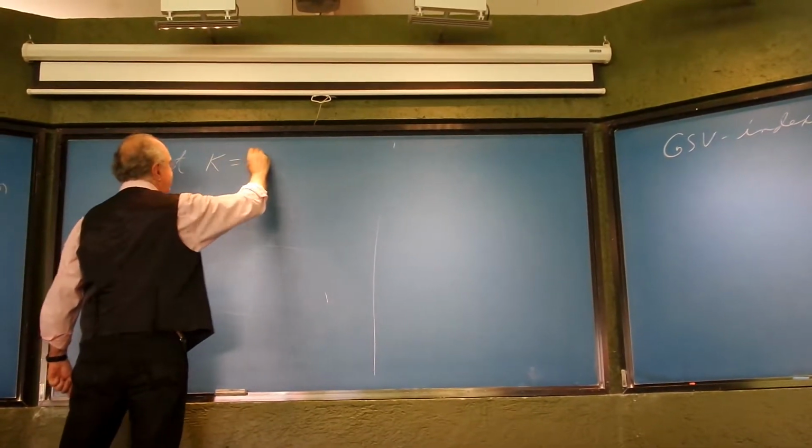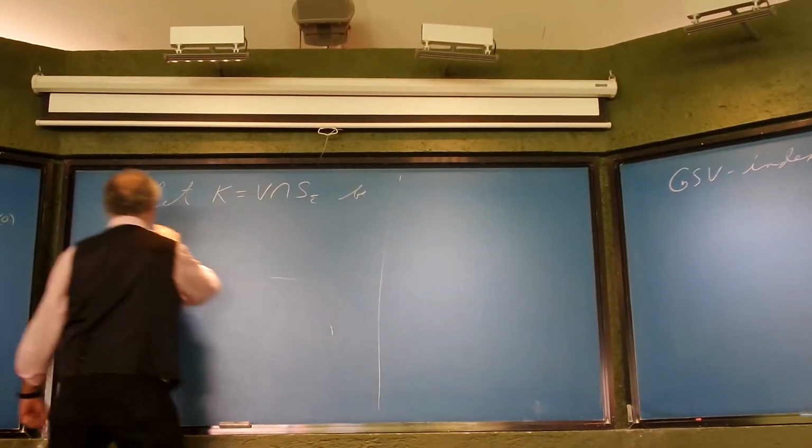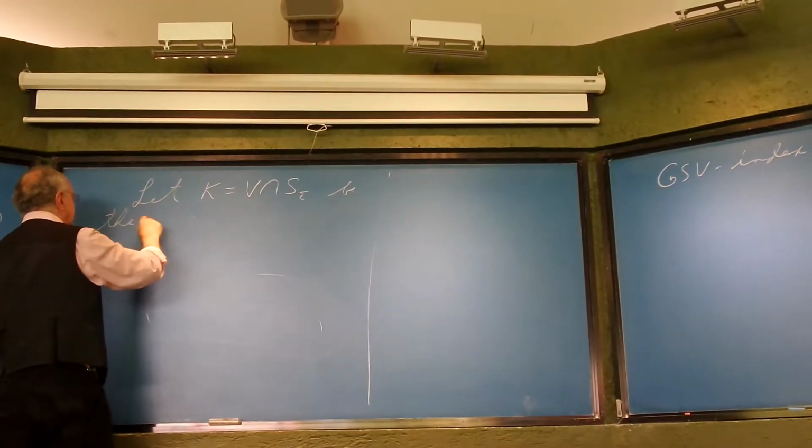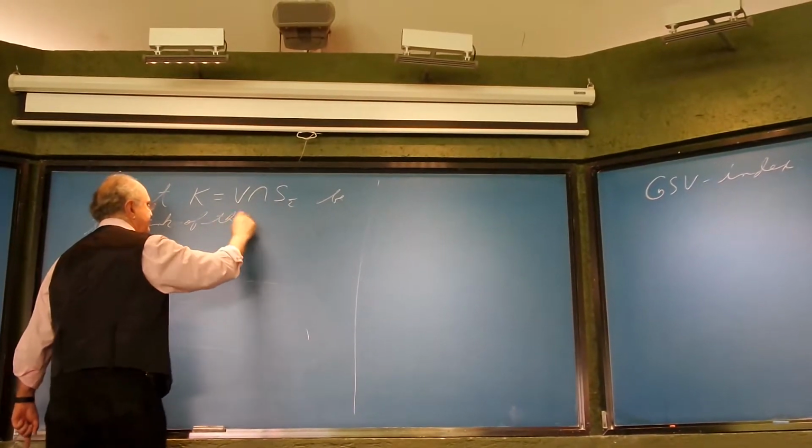Let K equal V intersected with the sphere, the link to the singularity.